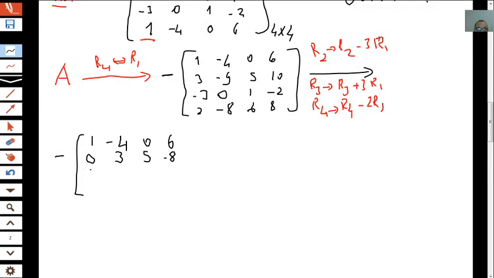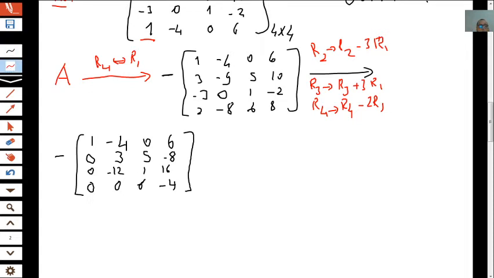For R3 we have 0, minus 12, 1, plus 18 minus 2 becomes 16, and the last row becomes 0, plus 8 minus 8, 0, 6, and minus 12 plus 8 becomes minus 4. Okay.